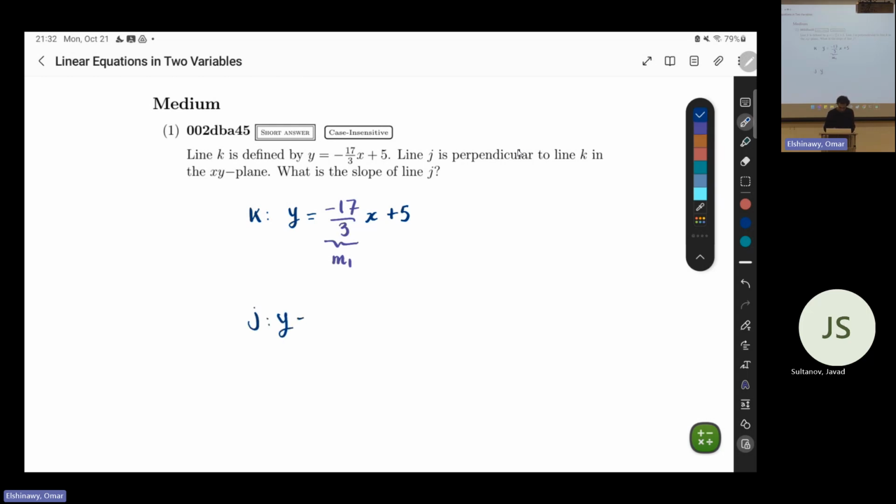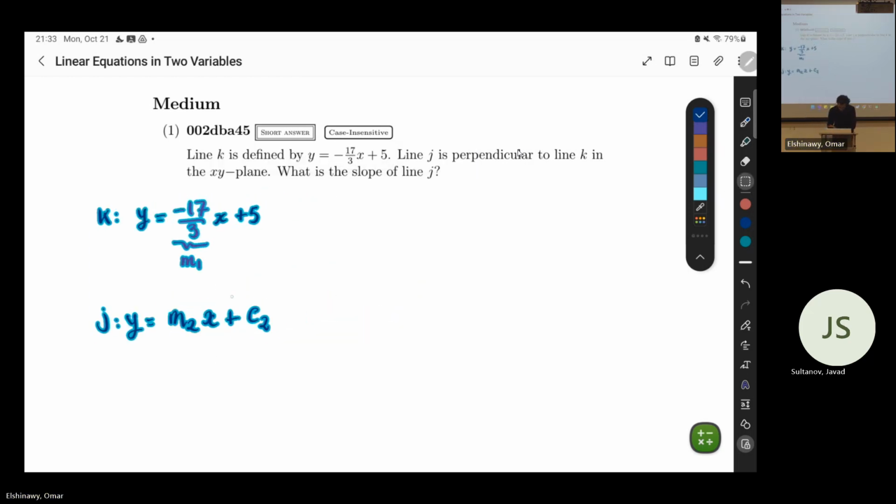So y is equal to, let's say, m2x plus c2. So it has some slope, it has some constant which define it. We talked about what this means. And now we know there's a relation between these two lines, and the relation is that they are perpendicular. And Isiosius is telling us the following.